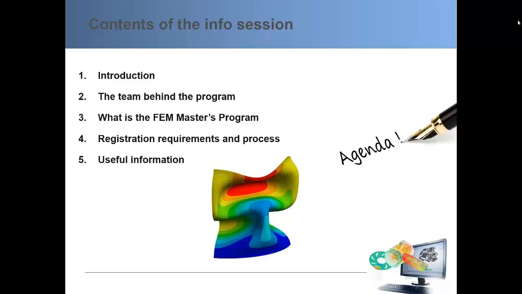I will outline the general context, go over the features of the program, the different degrees, branches, and options available, as well as the course structure, the modules which can be taken, and the methodology applied. I will also give you some background information on the program and the team behind it. Towards the end, I will draw your attention to the master's calendar, registration dates, and secretariat contact details.